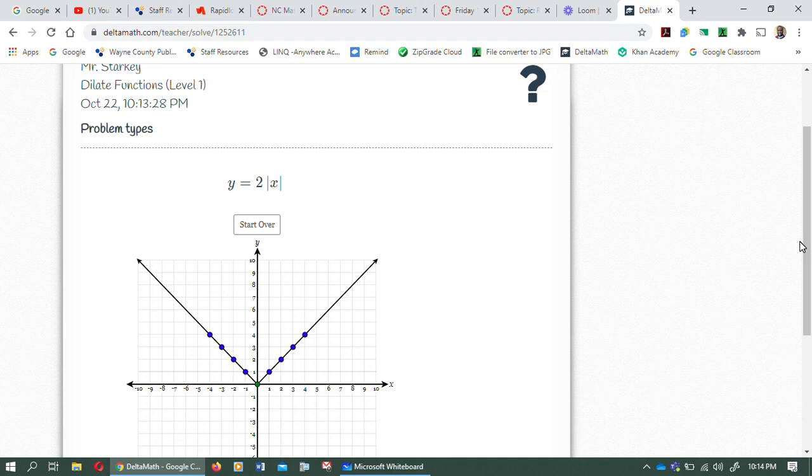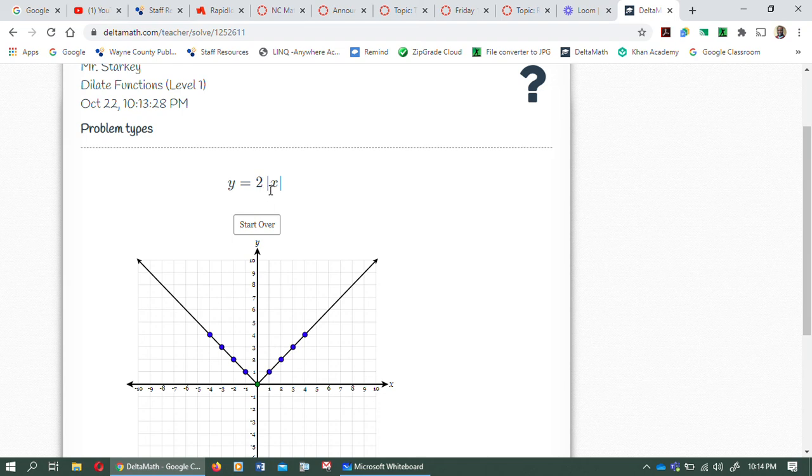If I'm not mistaken, I've browsed through enough of these to be able to tell you that this problem set where it says level 1, I believe is only on vertical dilations. But again, guys, you should be able to look at the equation and tell.